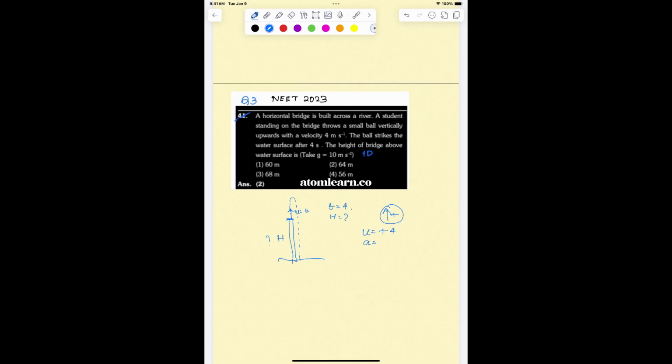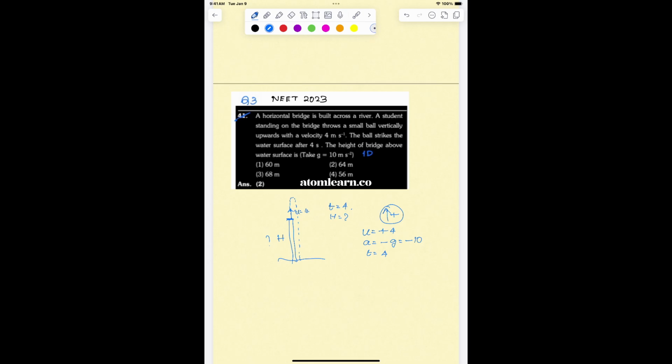Then what about the acceleration? Acceleration is downward, therefore I'm going to put it as minus g, which is minus 10, because we have been asked to assume g equal to 10. Therefore, a equals minus 10 meter per second squared. I'm leaving out the units because it's all SI. Time is always plus; we are not talking about negative times at all. So t is equal to 4.